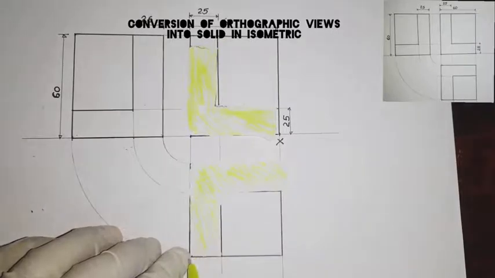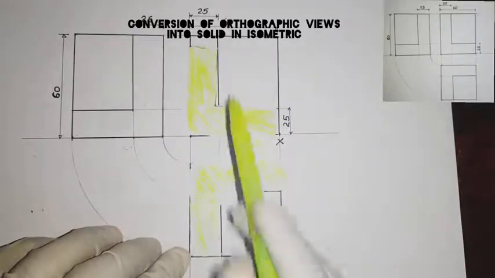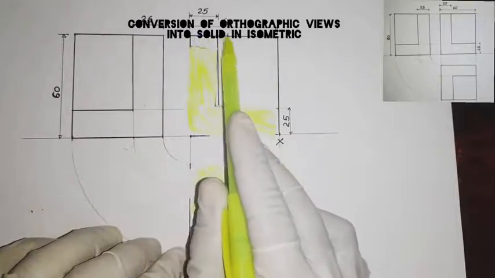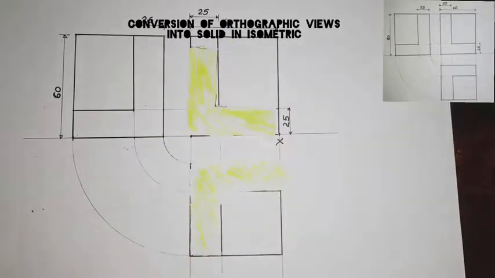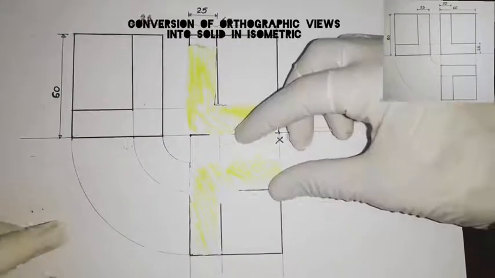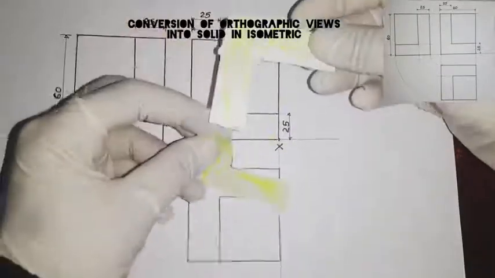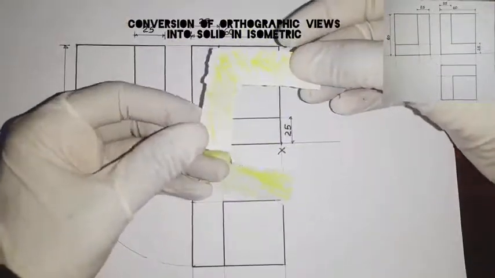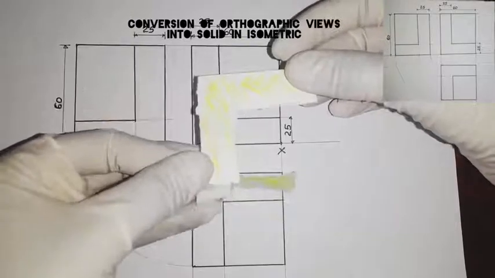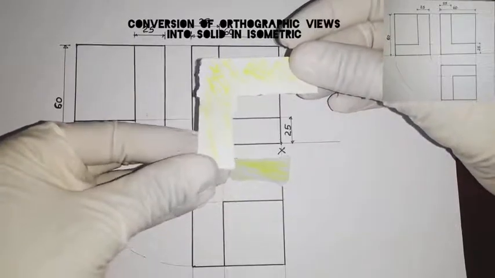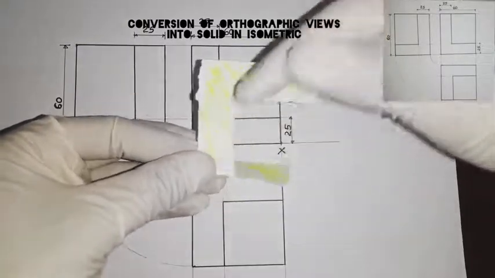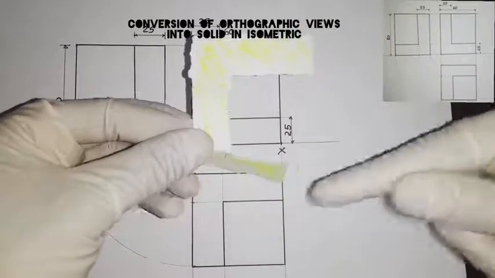So how do we put it? If you bring this and put it here, this is what we are going to have, like the top, and this is the front.